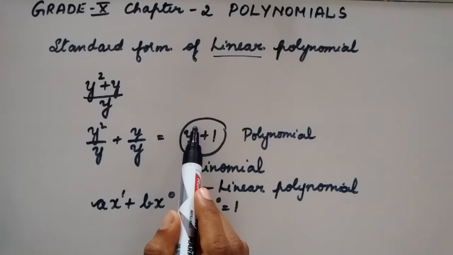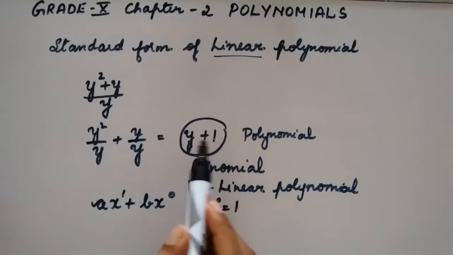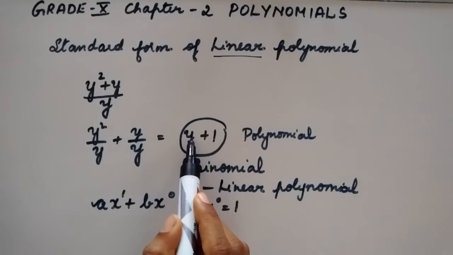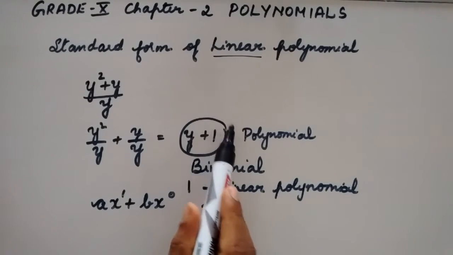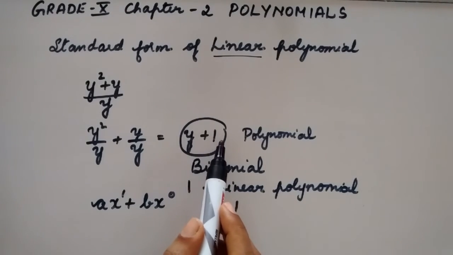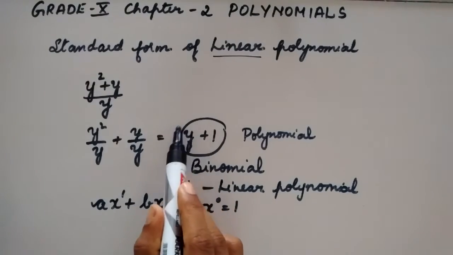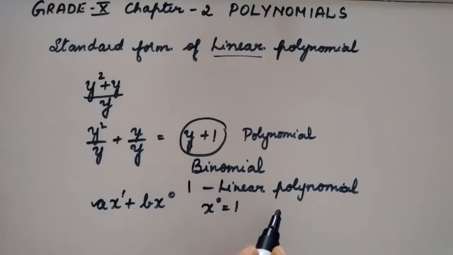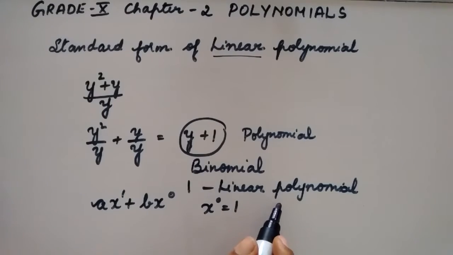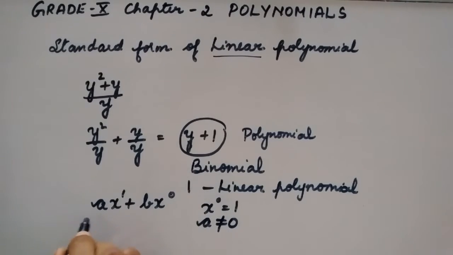Its terms will be one 1 degree term and the 0 degree term. So this combination of terms will be the linear polynomial. Here the highest degree is 1, so it's called the linear polynomial. And here a should not be equal to 0.